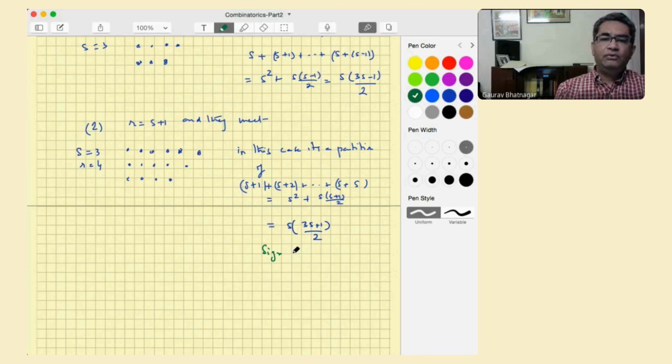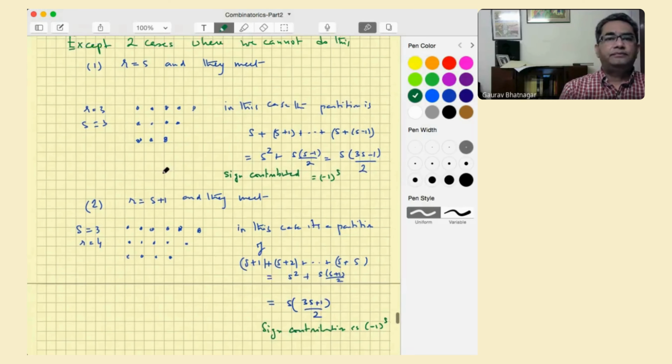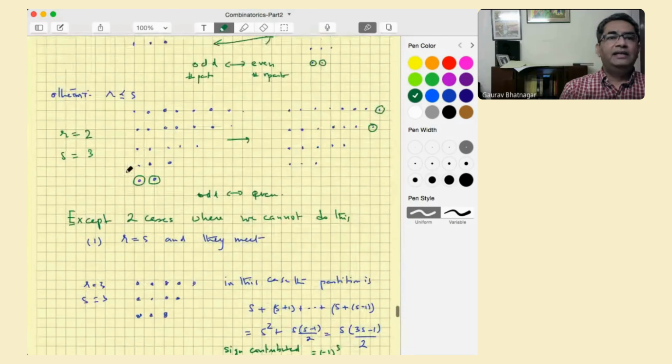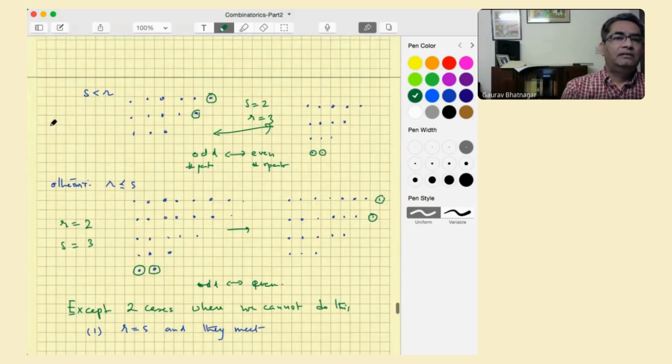So the sign contribution is minus 1 raised to S. And same thing here. This is the sign contributed by this one, because there are exactly S parts in here. So here, let's call this process 1.